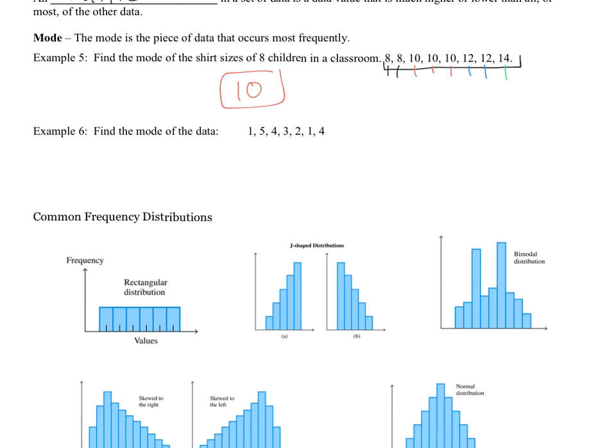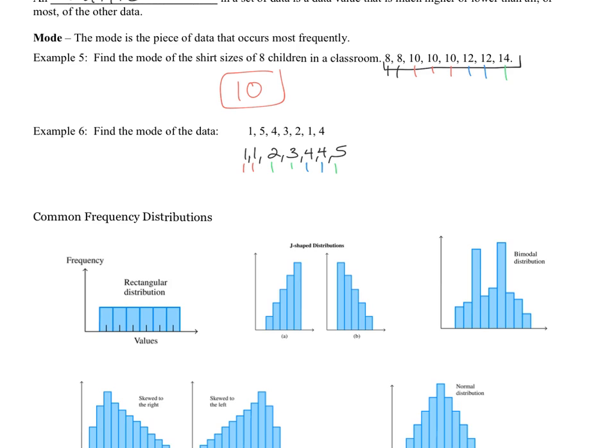But when you look over here at something like example 6, after I put them in order, you can see that we have two different values here that are showing up twice. Everything else only shows up once. Well, what are you supposed to do here?